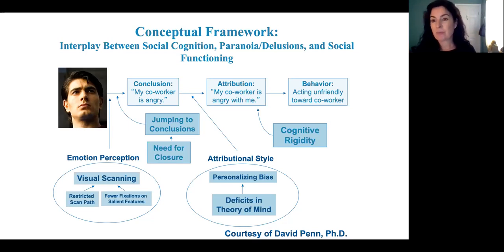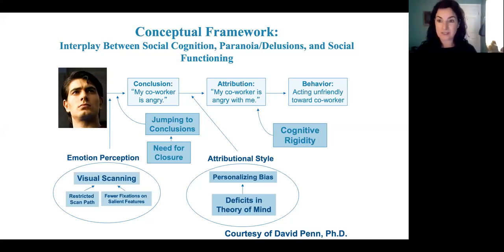You can sort of foresee how for this particular client, maybe he's had trouble holding jobs before, and he's gotten this job in this factory for deliveries, and it's sort of his fifth chance. But similar to what's happened in the past, there's been sort of these social cognition deficits that have created situations that have escalated where this guy ends up quitting or not showing up for work because he's so paranoid, or getting let go, right, for some inappropriate behavior towards colleagues.